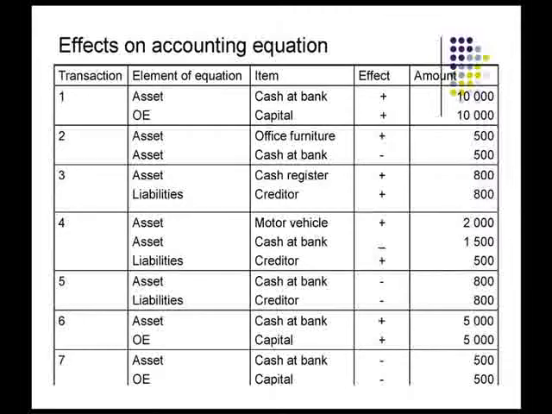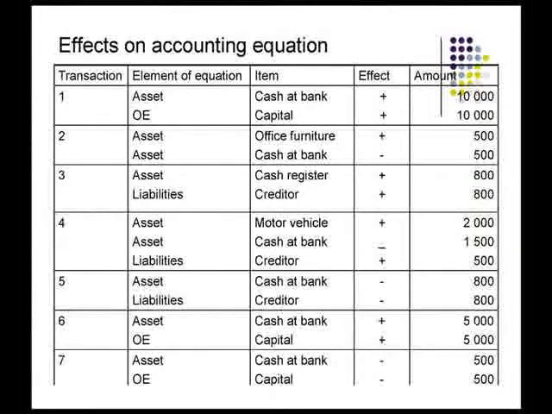Cash at bank is an asset account. Similarly, the owner's equity also increases by the same amount. Owner's equity is recorded in the capital account. So we have to have a separate account to record owner's interest. That is called capital account. Capital account increased by 10,000.